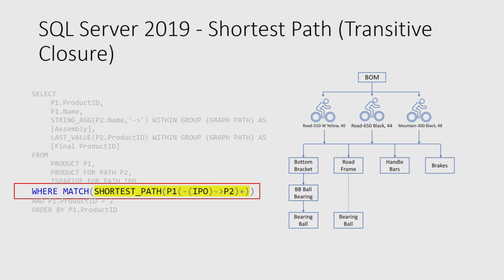And it doesn't matter how complex the product is that we built. If it's 10 levels deep, we'll find it. Exactly. So this is what the plus here means. In regular expression style syntax, plus means one or more repetition. So we'll go one or more times, and we'll keep going down the hierarchy until we find that particular product that we are looking for.